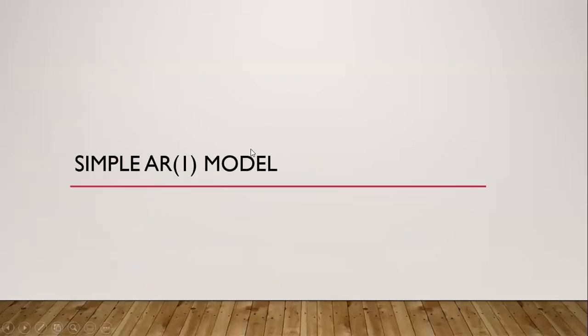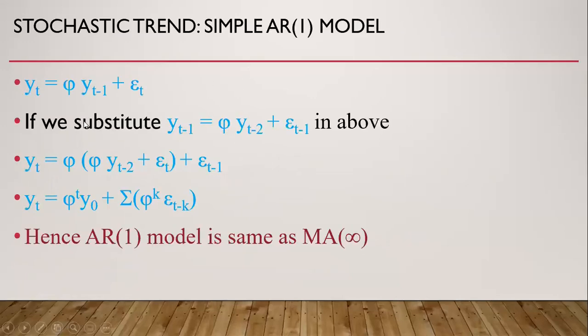So now I will consider in detail the simple AR model or AR1 model, and we will derive some useful information from the simple model. So if this is a simple model without a constant term, and this is a stochastic trend model.